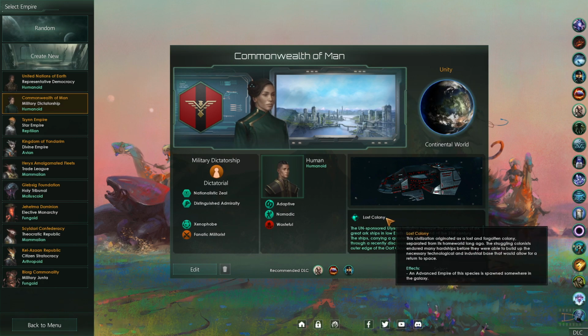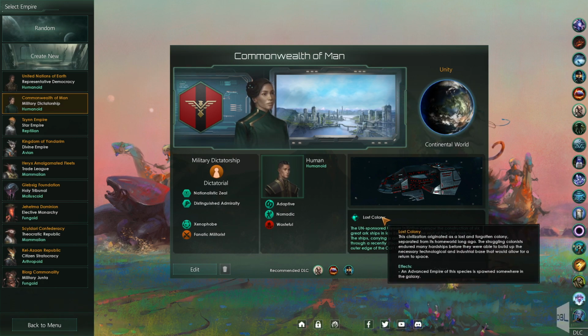Okay. The struggling colonist endured many hardships before they were able to build up the necessary technological and industrial base that would allow for a return to space. An advanced empire of this species is spawned somewhere in the galaxy. So, if you choose to be the United Nations of Earth, somewhere in the galaxy there will be a Commonwealth of Man.